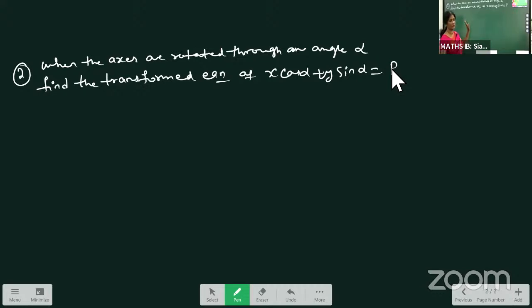Origin is not shifted here. The axes are rotated through an angle alpha. So it is the second type of question.